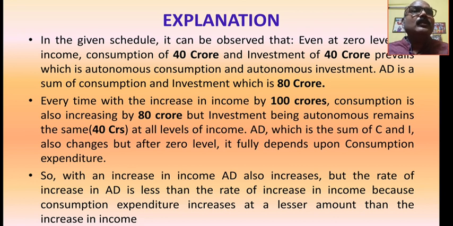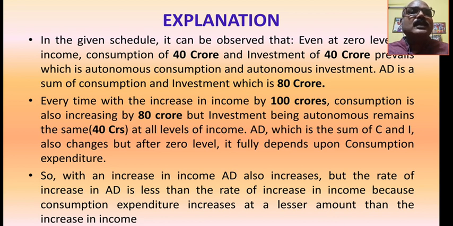So in the table you see, जब 0 से 100 इनकम बढ़ा है तो कंजम्पशन बढ़ा है 40 to 120, मतलब 80 क्रोर्स बढ़ा है. फिर जब 100 से 200 इंक्रीज हुआ है, सो 80 फिर बढ़ा, 160 हुआ है. So every time when income increases by 100 crores, consumption increases by 80 crores, but investment remains same.